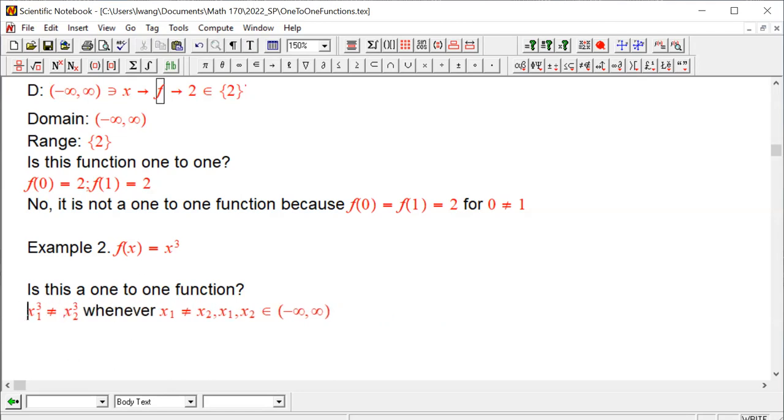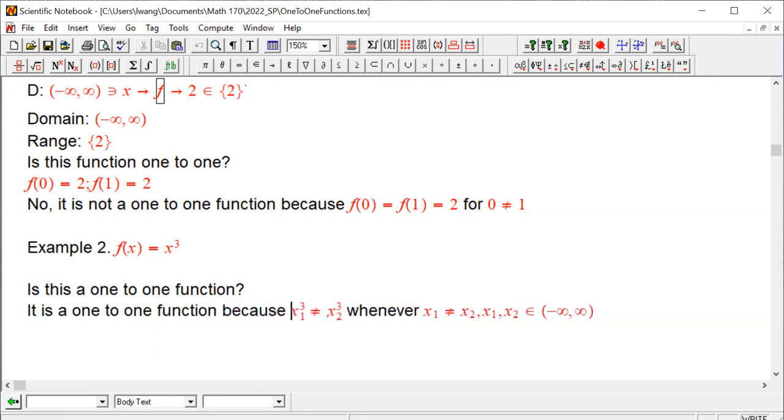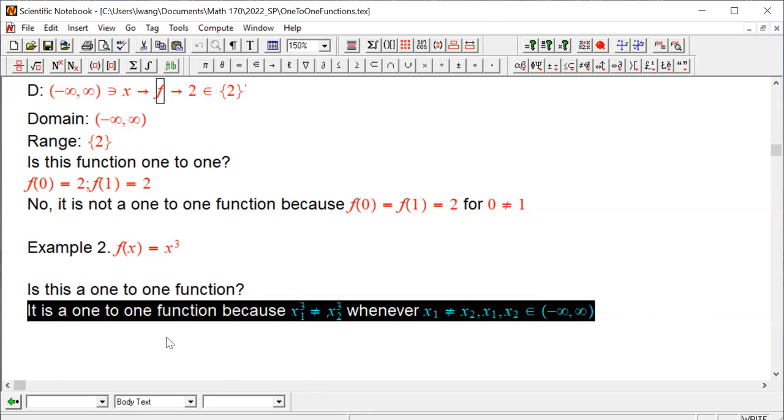The way you can say this, and you must learn how to do this, is you say it is a one-to-one function because these two are the outputs. The outputs are not the same whenever x1 is not the same as x2, because these are the input, output, input, and output. And the statement we made here certainly is true.